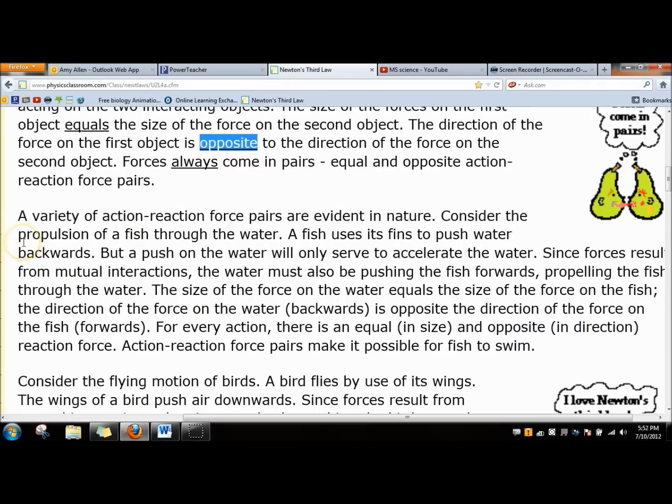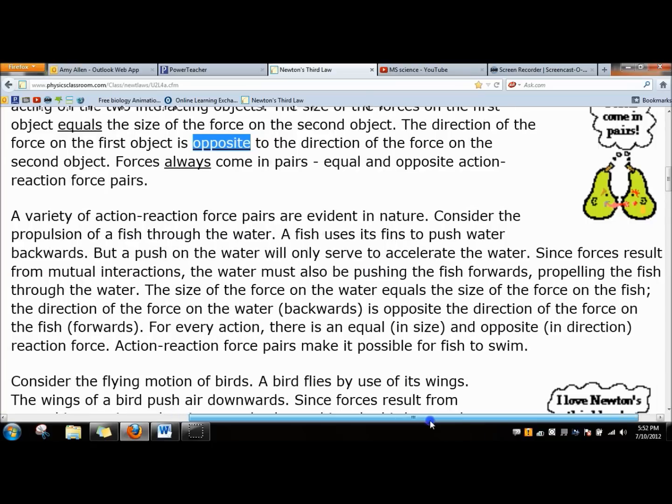A variety of action-reaction force pairs are evident in nature. Consider the propulsion, or the movement, of a fish through water. A fish uses its fins to push water backwards. But a push on the water will only serve to accelerate the water. It only makes the water move. Since forces result from natural interactions, the water must also be pushing the fish forward, propelling the fish through the water.